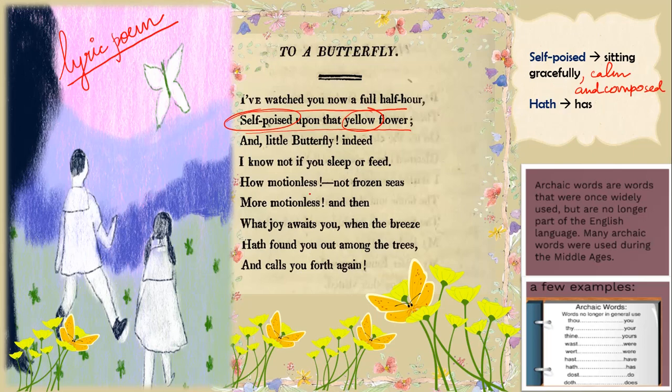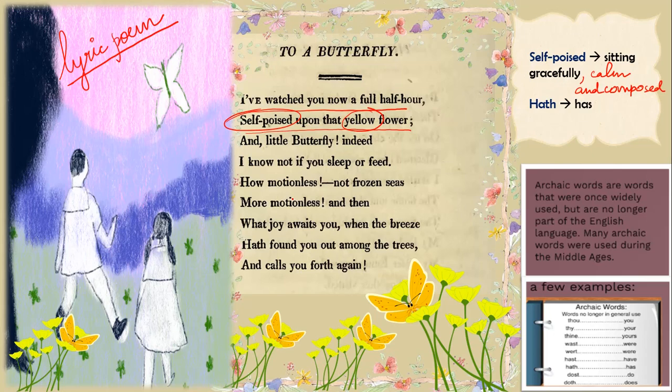Okay? "How motionless, not frozen seas more motionless." So again, the poet tells us that the butterfly is sitting so still on the flower that it seems it has no motion, it cannot move. The poet is very amazed, even shocked, that the butterfly can be so still.